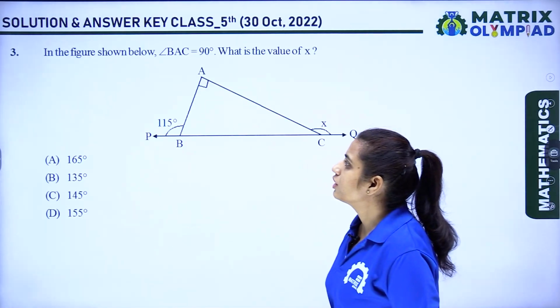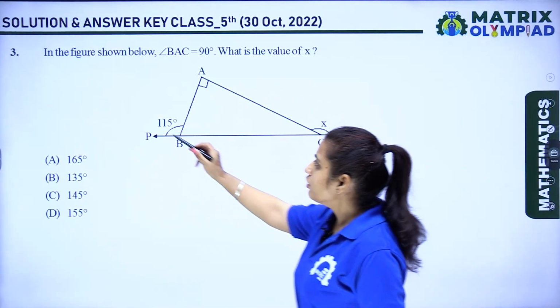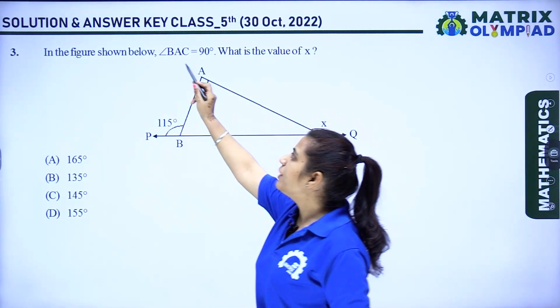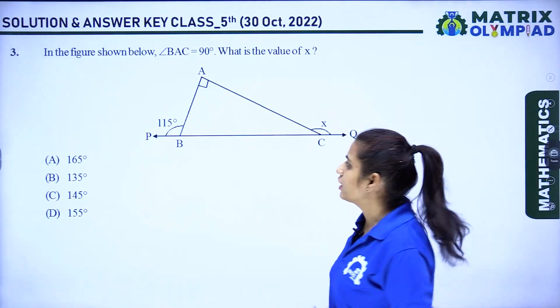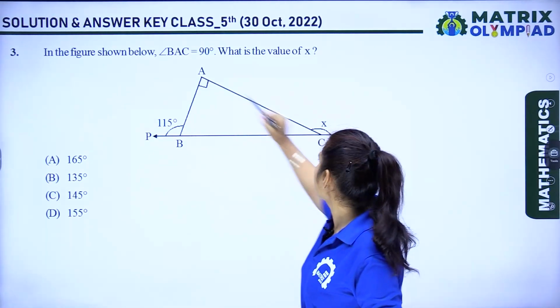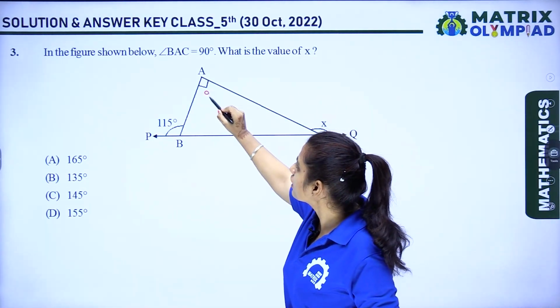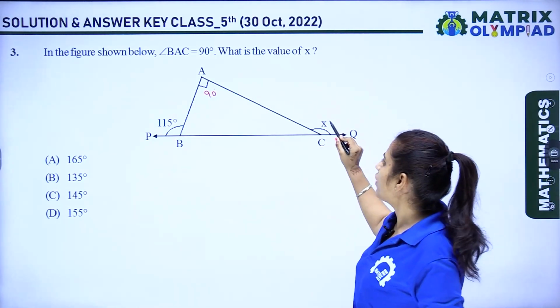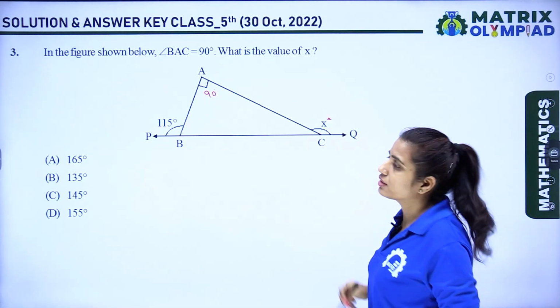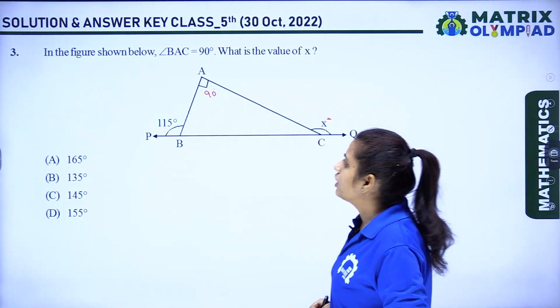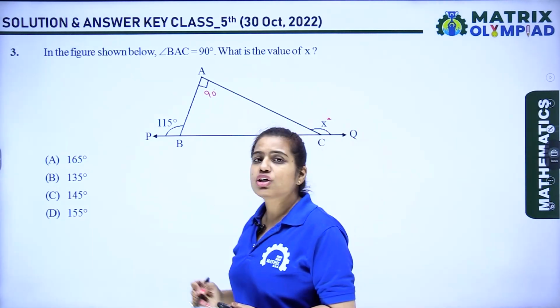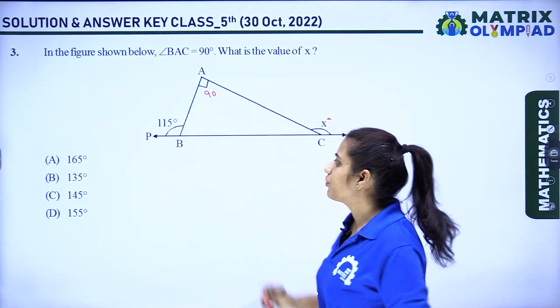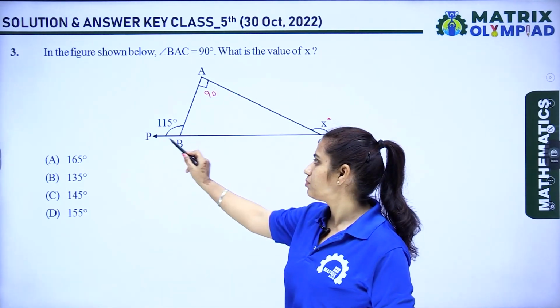Now, the third question is, in the figure shown below, angle BAC is equal to 90 degree. So, let's see BAC. This is 90 degree. What is the value of x? We have to find out the value of x in the given figure. Now, let's take a clue from the figure. Here it is a straight line.